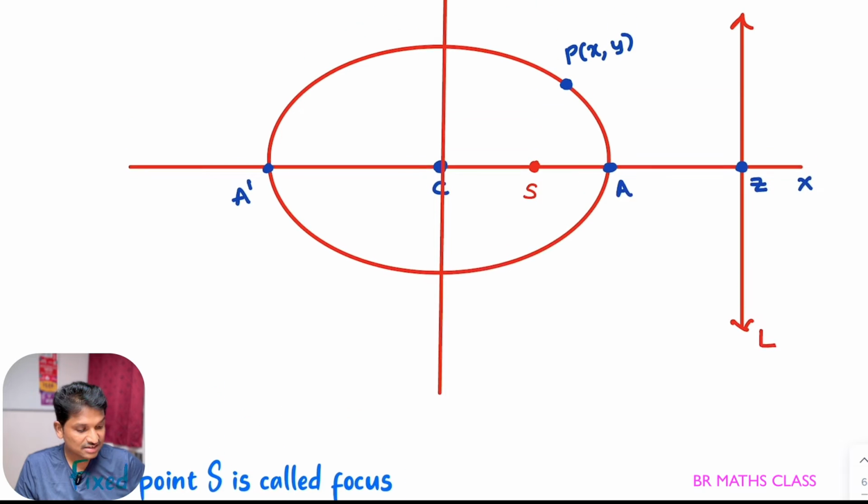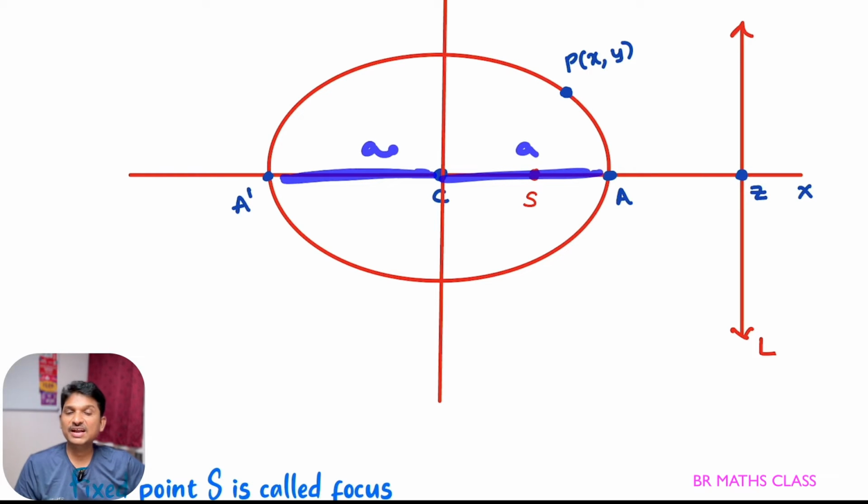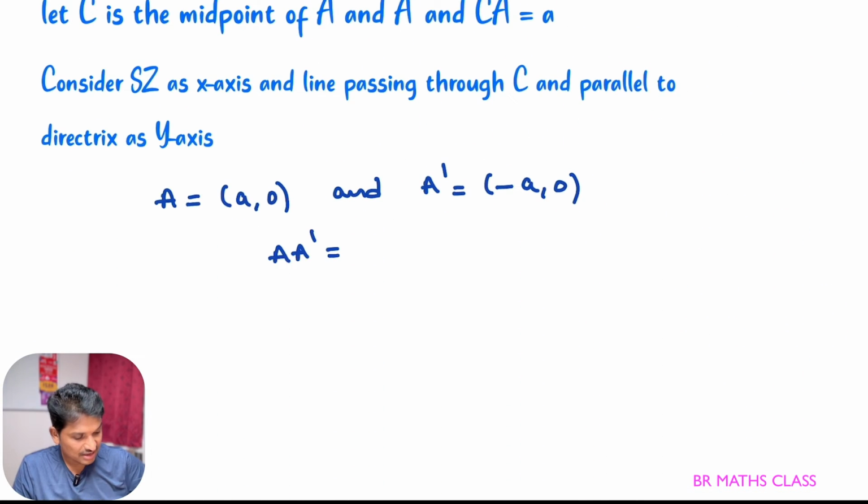What is the distance between these points? CA is a, this is also a. So A A dash is 2a. Write that point also: A A dash equals 2a.